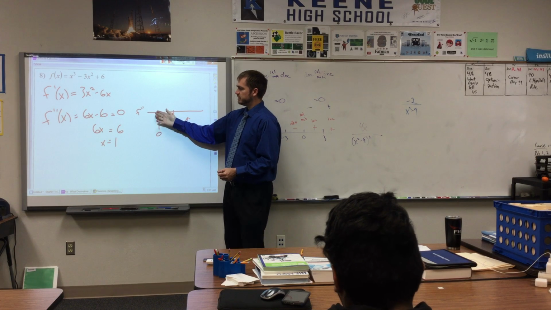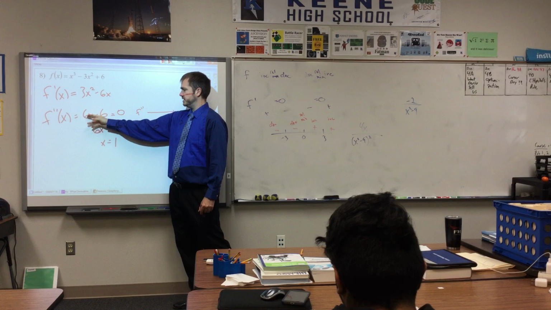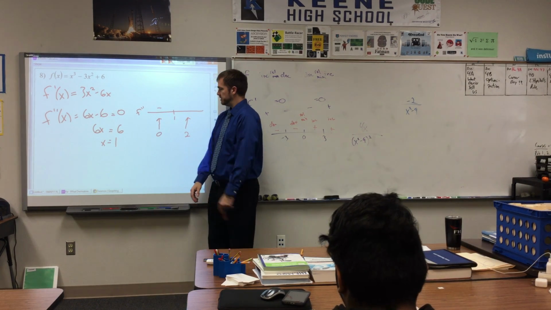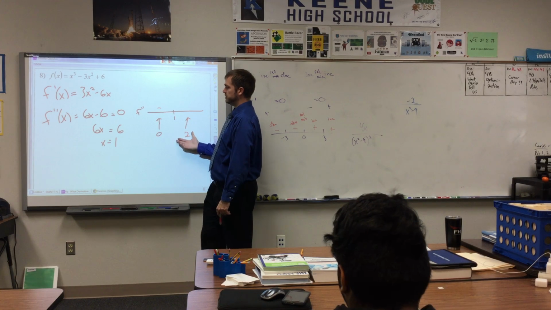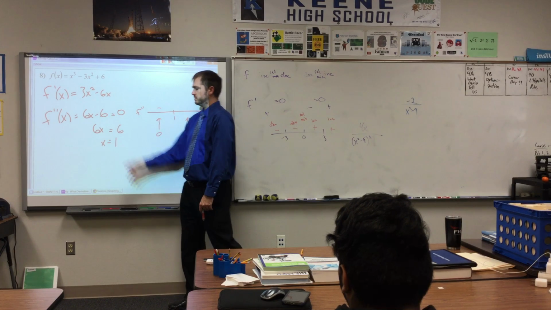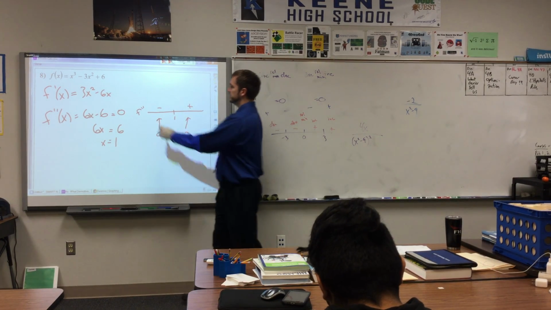Let's plug in 0 to this. 6 times 0 minus 6, so that's 0 minus 6. Some negative number. Plug in 2. 6 times 2, 12 minus 6. 6, which is positive. Which tells me that the original function.